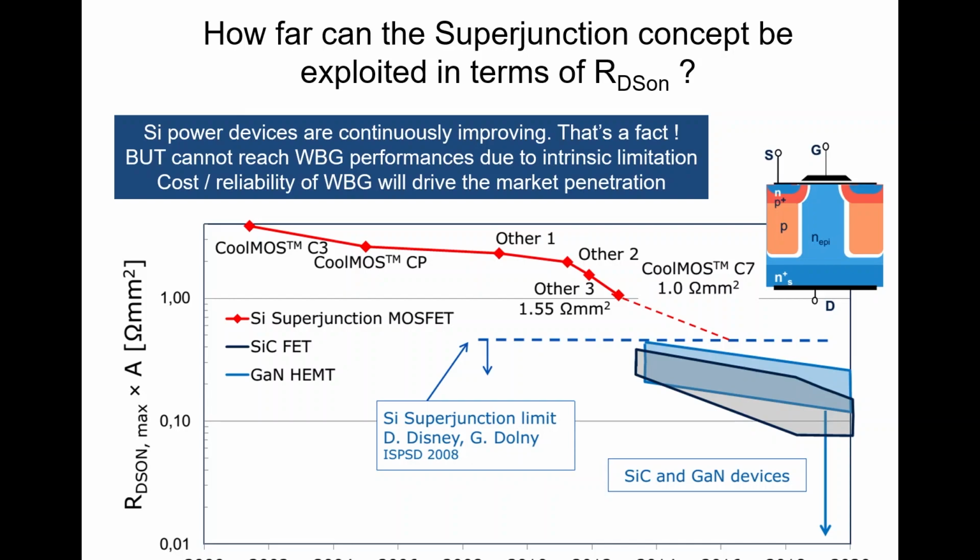Obviously, this is an example from a well-known company that you recognize, and you see that it's improving over time, which makes sense. But then you also reach at some point the intrinsic properties of the silicon material. So this cannot be improved forever.